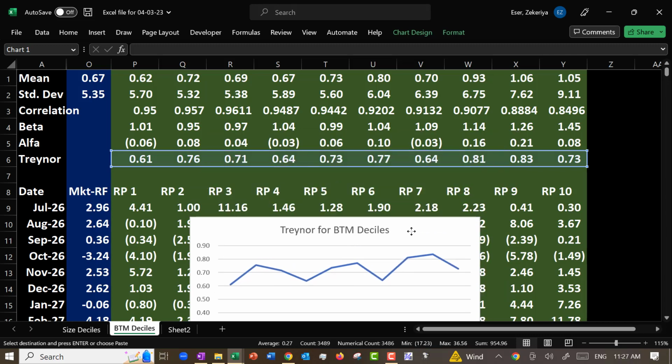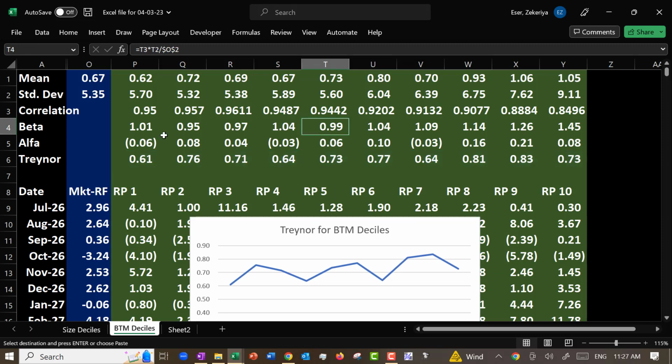Again, I'm going to look at that chart later, but remember, these green areas are for the returns over and above the risk-free rate.